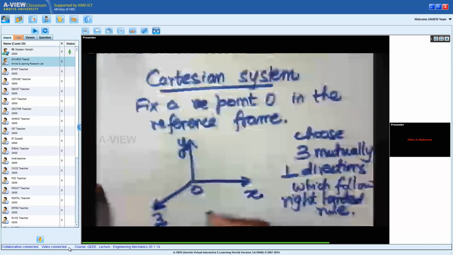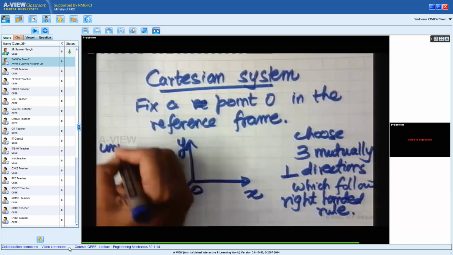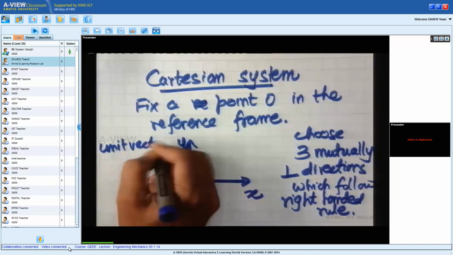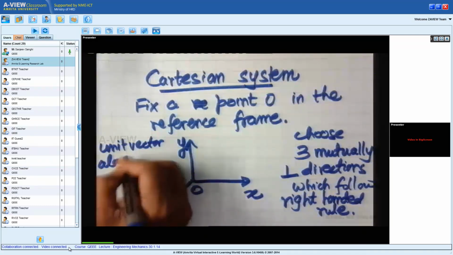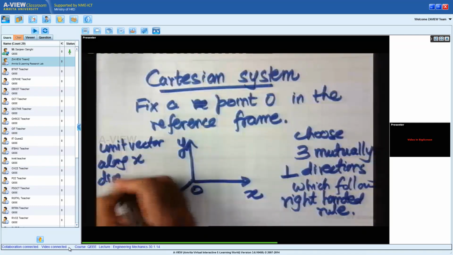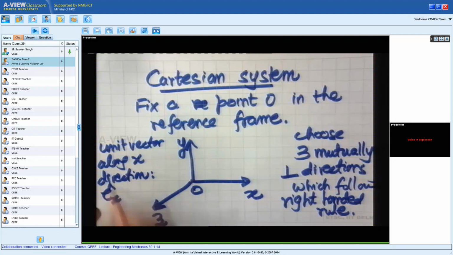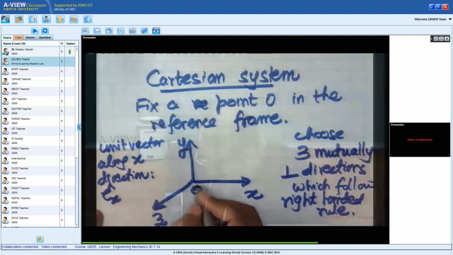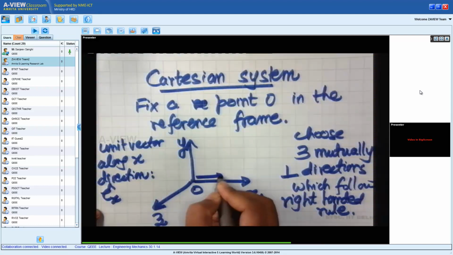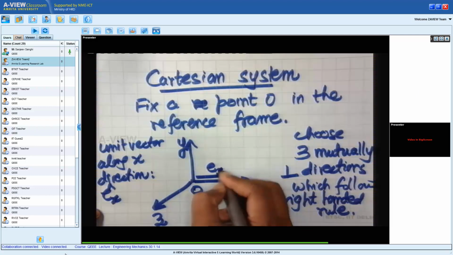Now a unit vector along the X direction, how would we call it? Going by our notation, we would call it Ex. That means it's a vector of magnitude 1 along this direction.